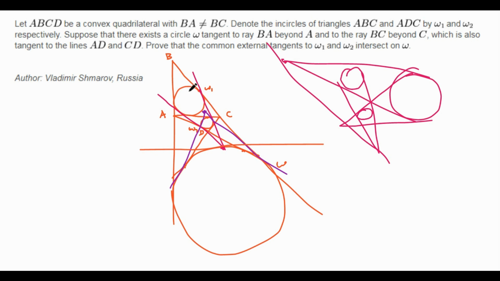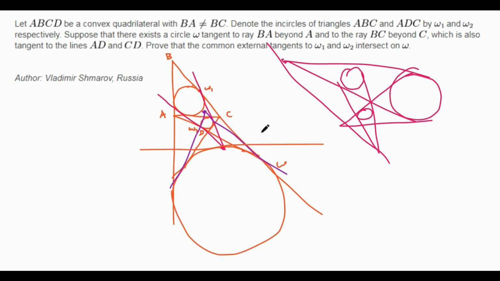This is further motivated by the fact that omega 1 and omega have their common tangents at B, which means there exists a homothety centered at B that sends omega 1 to omega. And similarly, there exists a homothety centered at D sending omega 2 to omega. So maybe if we could use the top points or the bottom points of omega 1 or omega 2, then we might be able to solve this problem.